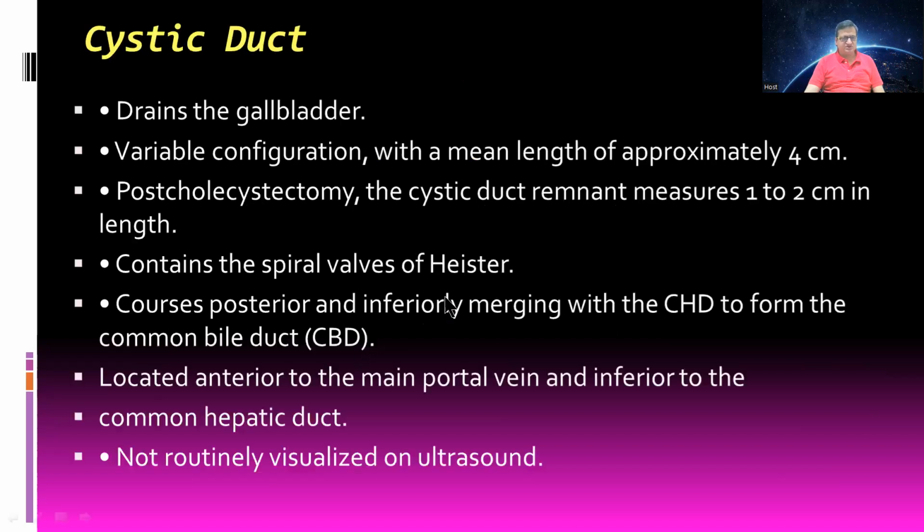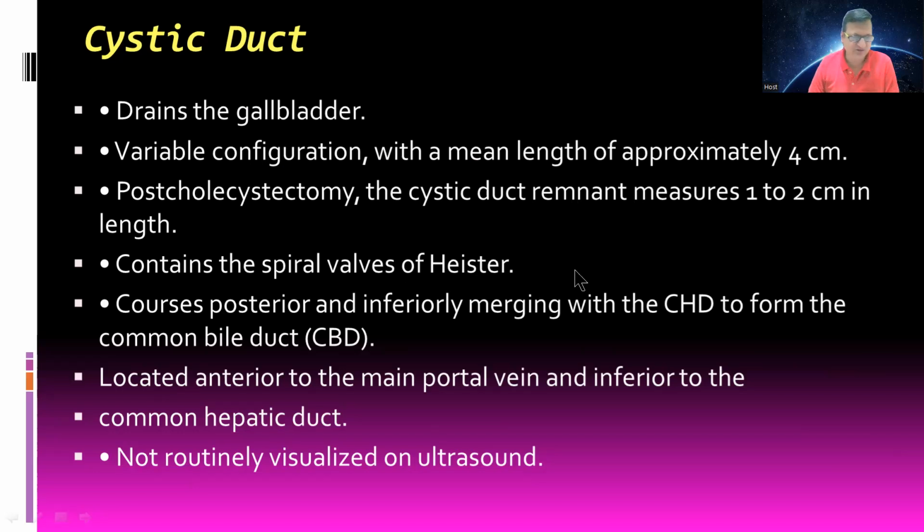Then next is the cystic duct, which drains the gallbladder. It is connected to the gallbladder and joins the common hepatic duct to form the common bile duct. It has a variable configuration with a mean length of approximately 4 centimeters. Post cholecystectomy, the cystic duct remnant measures 1 to 2 centimeters in length.